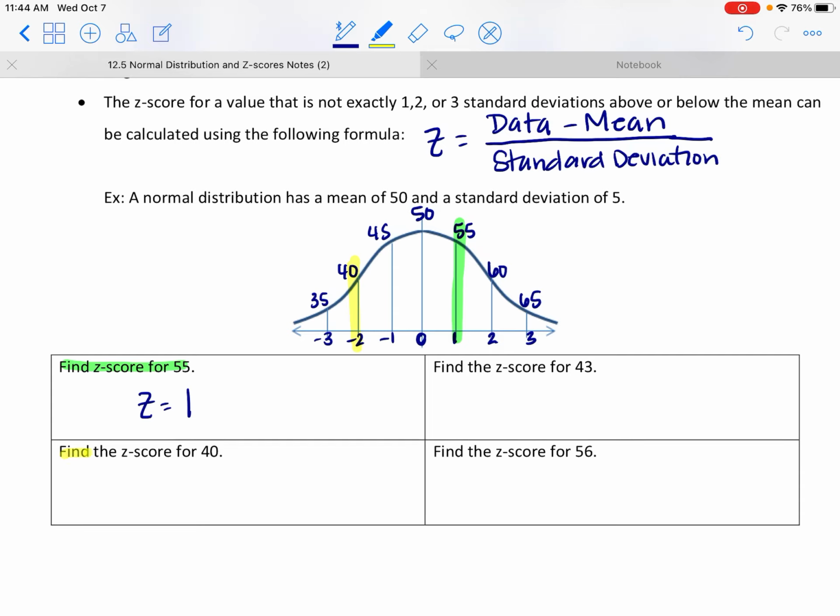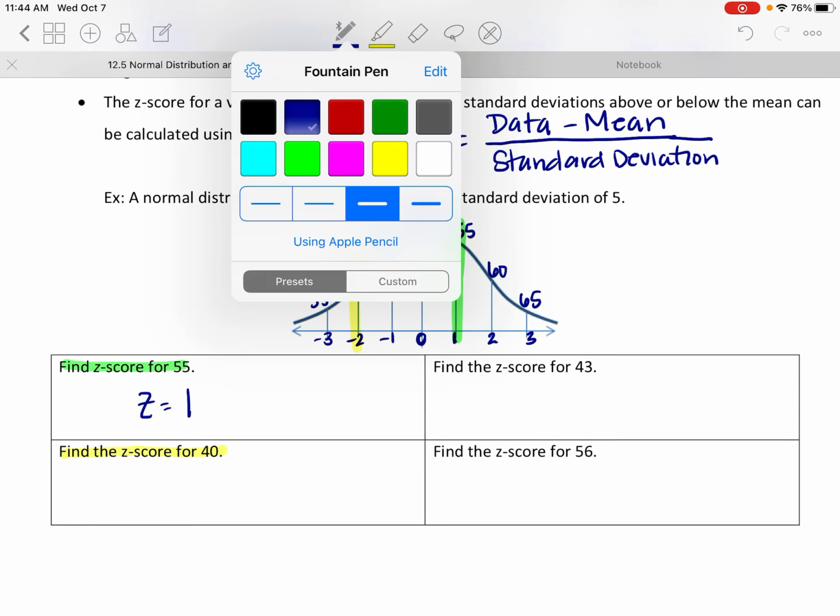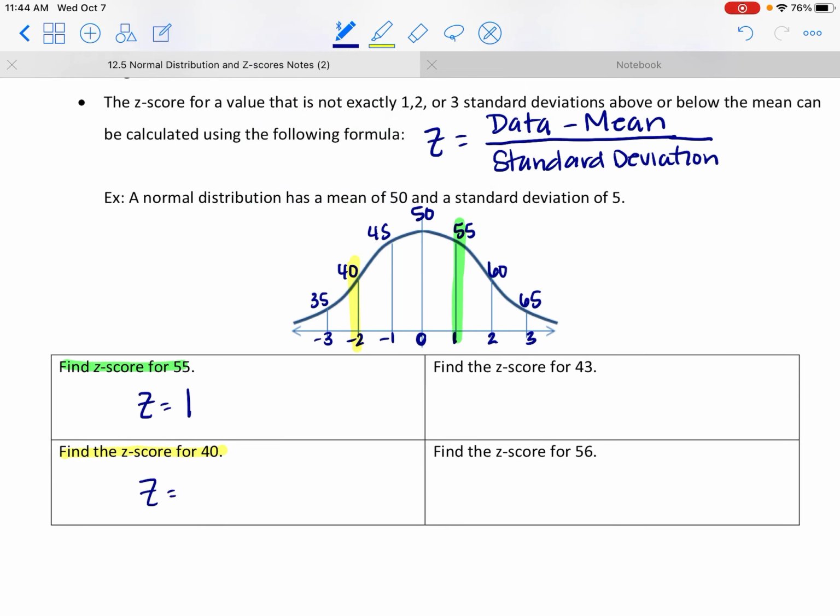If I said find the z-score for 40, well, I see exactly where 40 is at. 40 is exactly 2 standard deviations below the mean, so we can say our z-score is a negative 2. Now, if it's not exact, like 43, let me use a different color here. So if I wanted to find the z-score for 43, well, I know 43 is going to be between negative 1 and negative 2, but I don't know exactly where it's at, so I'm going to use my formula.